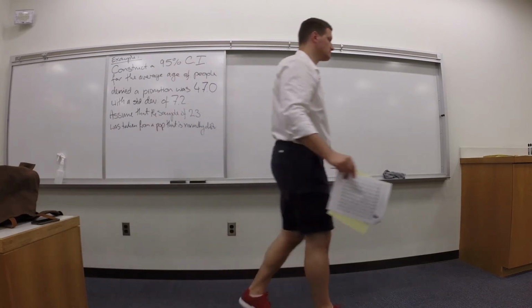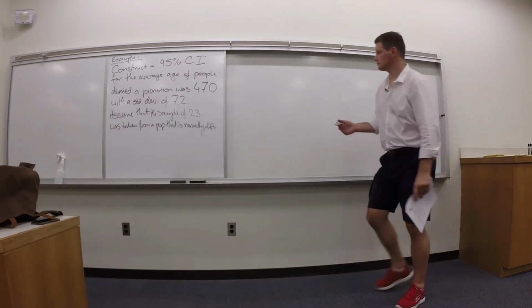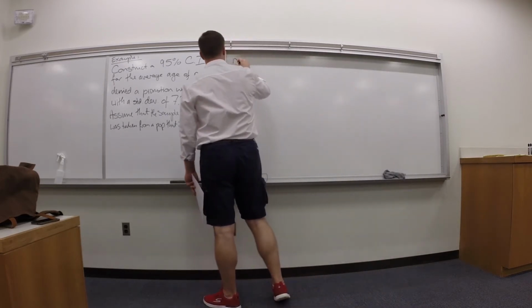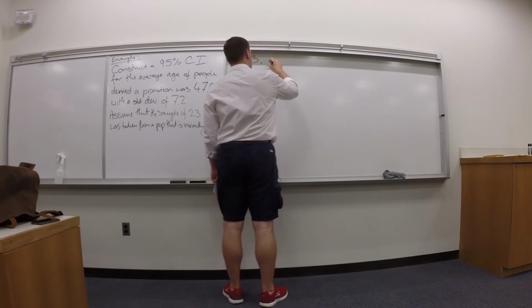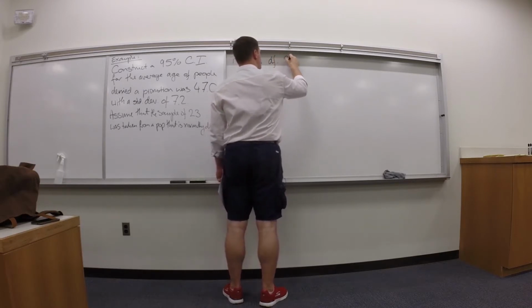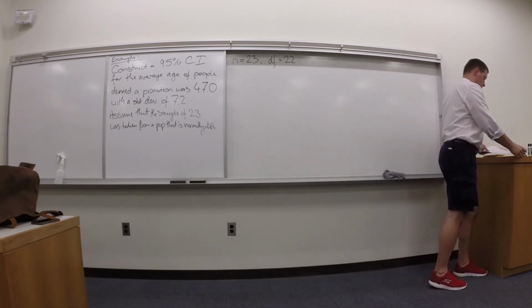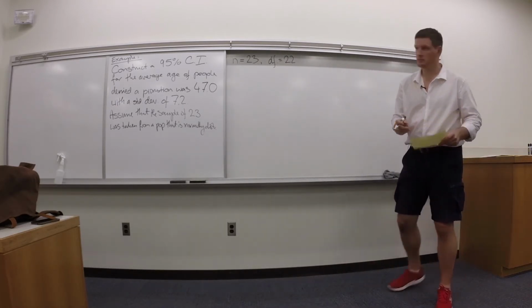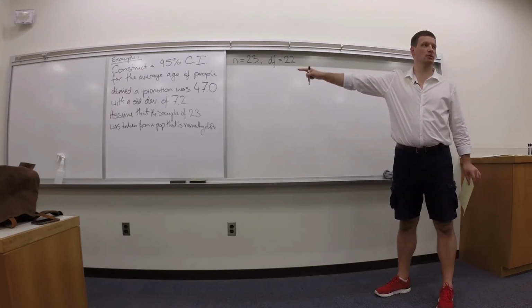How do we do it? N is 23. Okay. Sigma is 7.2. Oh, standard deviation. But what kind of standard deviation are we talking about? Are we talking about sigma or s?